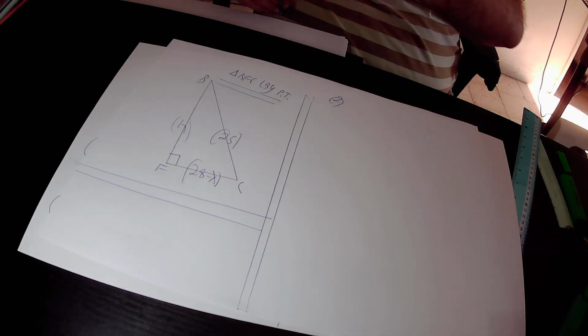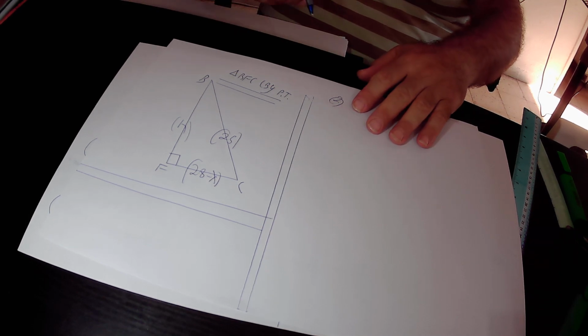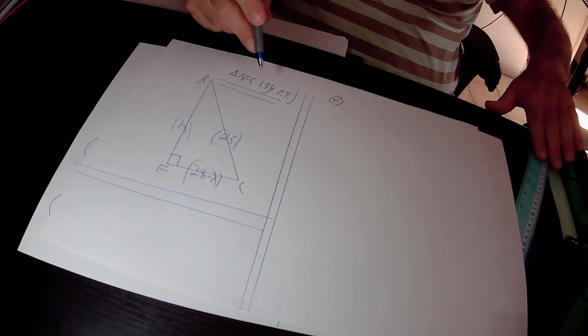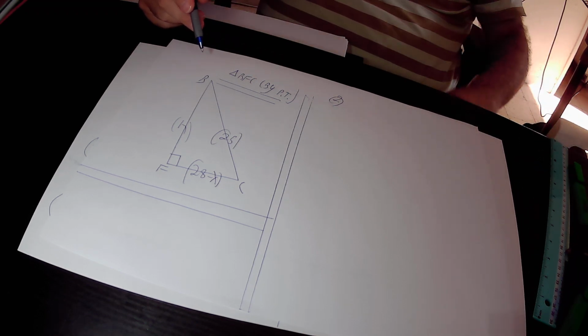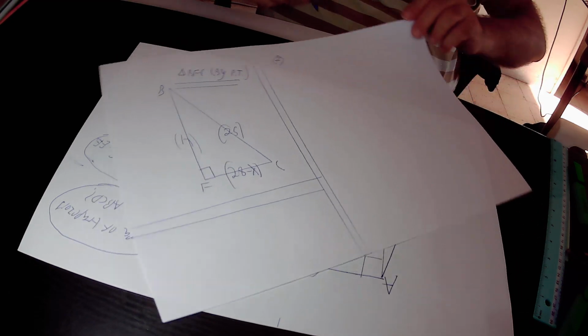So this is the right triangle BFC that I copied from the original drawing. According to the Pythagorean theorem, in this right triangle BFC, BC squared, that is the square of the hypotenuse, is equal to BF squared plus FC squared. So I write it down.